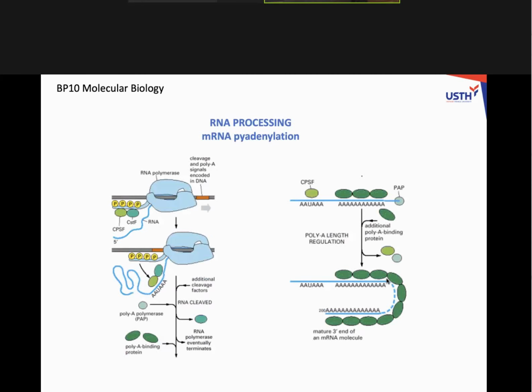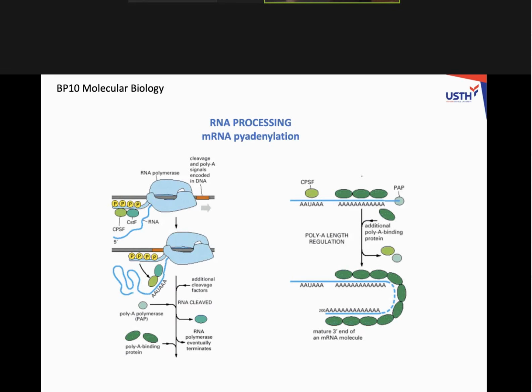RNA. So do you see the difference between the termination of POL1 and the termination of POL2? Conceptually, that is completely different. Do you understand? Okay, so remember, this is why I showed you POL1 before. POL1 stops because of a DNA sequence that is recognized by a protein.